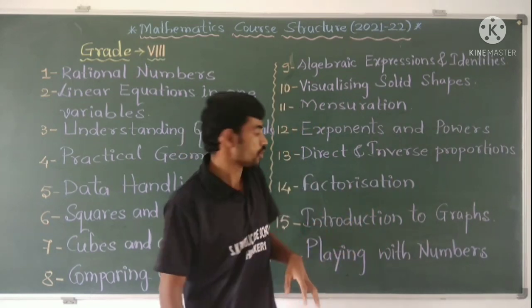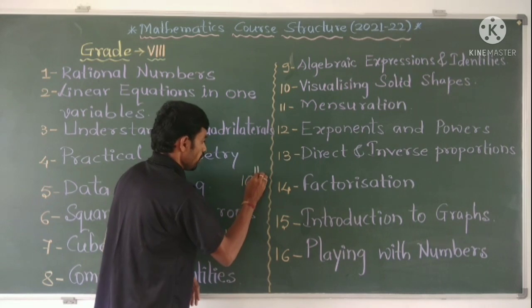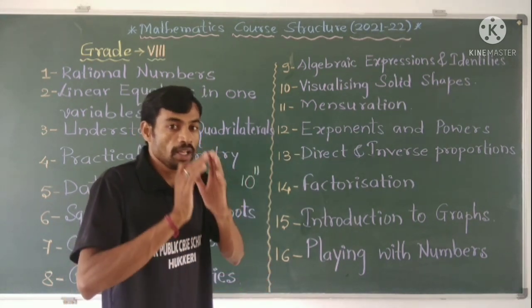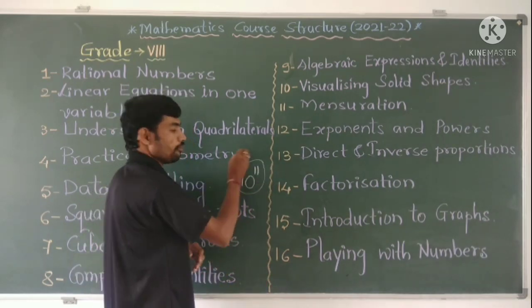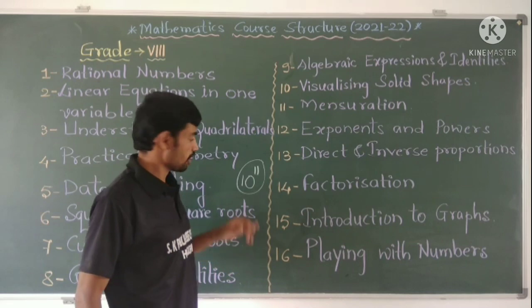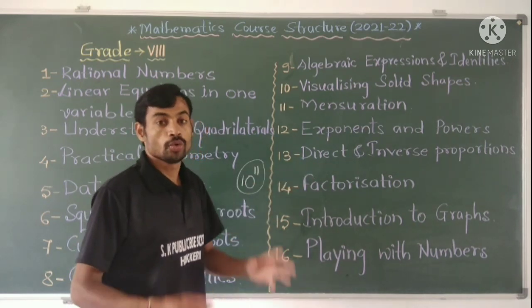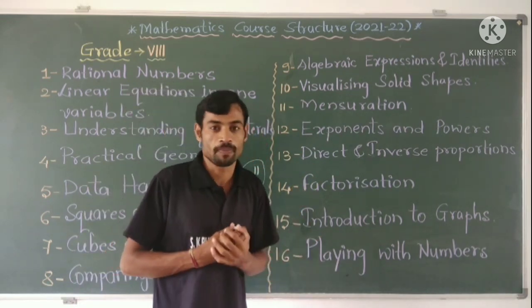exponents and powers. For example, we can say 10 to the power 11. Here what we have to do? We have to multiply 10 eleven times. So that number is very big. Here after 1, you get 11 zeros. Clear?